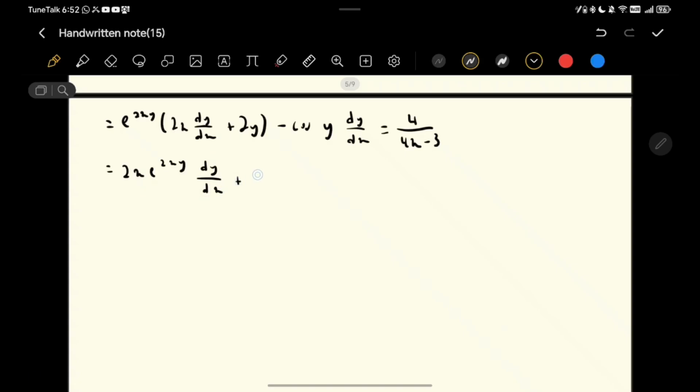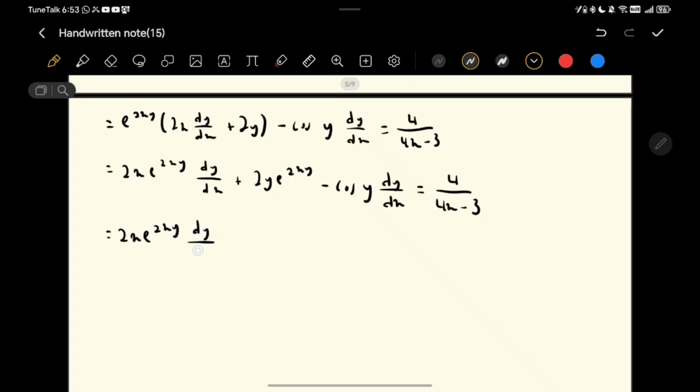Then you put the terms with dy/dx on one hand side and the terms without dy/dx on the other hand side. After that, you factor out dy/dx on the left hand side.